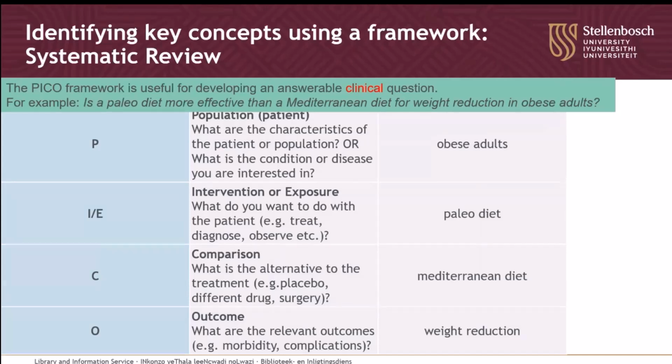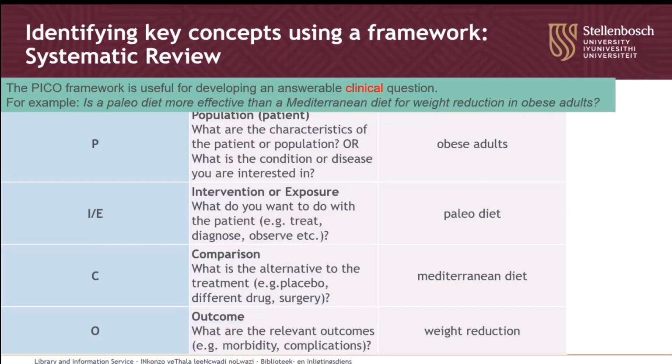From our example here: is the paleo diet more effective than the Mediterranean diet for weight reduction in obese adults? If that is our research question, then we need to use the framework to develop our search. But first, we need to identify the elements in our question. The P stands for our population, our patient.